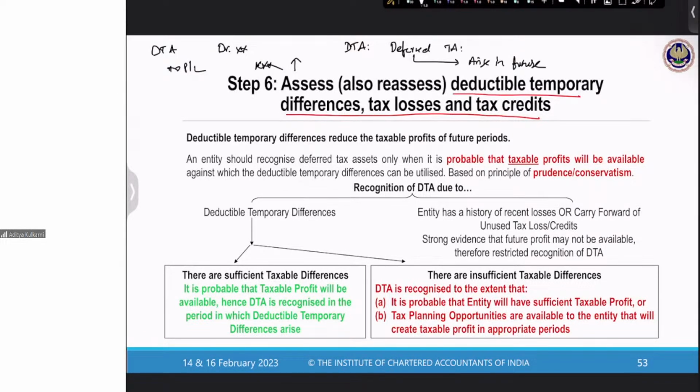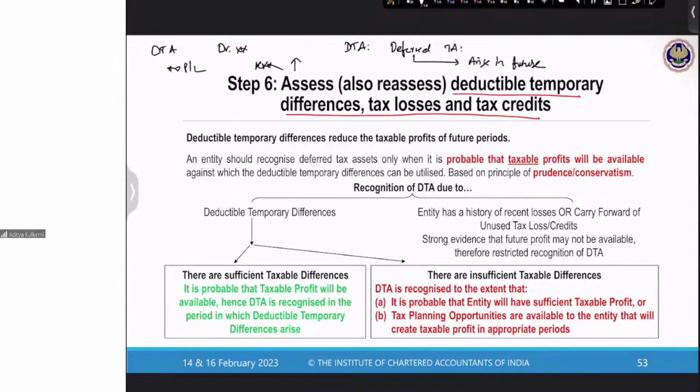But what I want to utilize this asset is, in the future, do I have deductible temporary differences? Do I have adequate taxable profit? Suppose my gratuity amount is 100 crore today. In the future, I should at least have a taxable profit of 100 crore. Only then my deferred tax asset which I am creating today can be utilized in the future. चाहिए क्या अपने को?